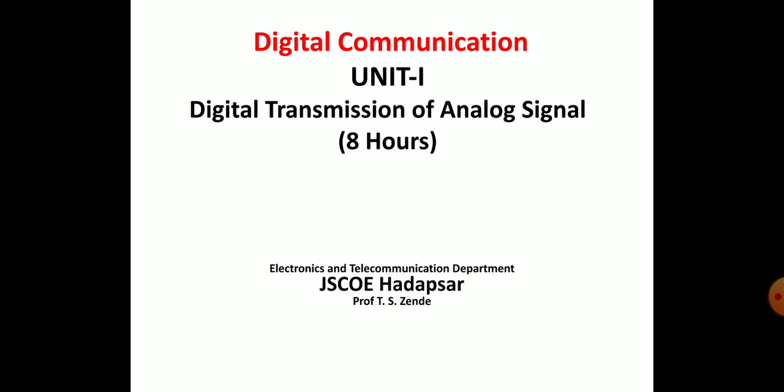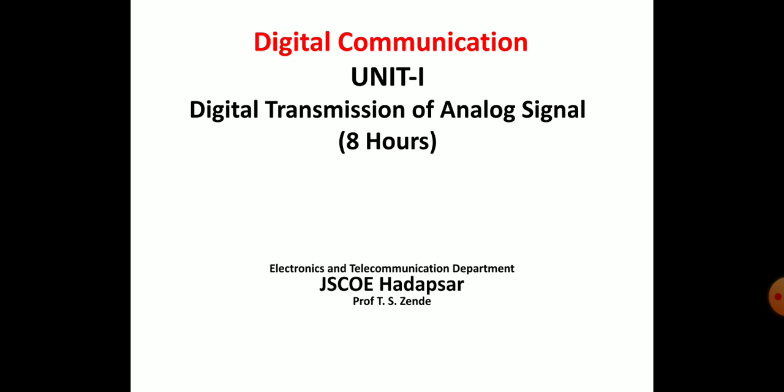Before starting with the contents of Unit 1, I would like to tell you that there are 6 course outcomes here which I have classified. The first course outcome is you'll have to solve the problems on source coding methods. The second course outcome is analyze the channel blocks for digital communication.